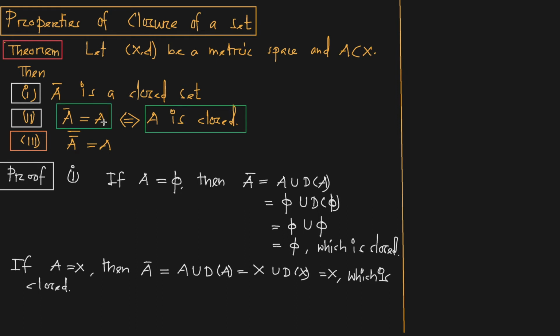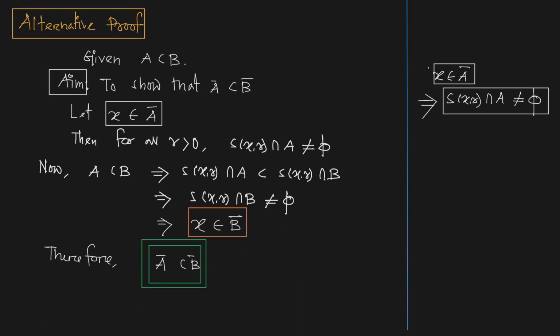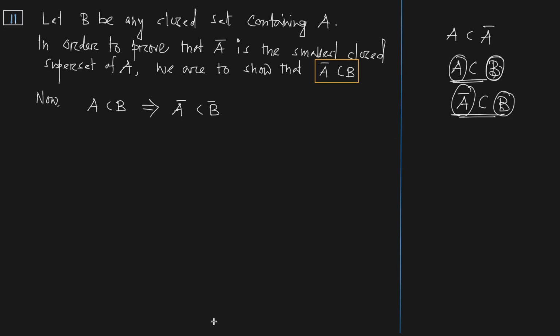তো A যদি ক্লোজ সেট হয় তাহলে A bar is equal to A লিখতে পারি, ঠিক। সো তাহলে এখানে আমি B কি সেট, B হচ্ছে ক্লোজ সেট, যেহেতু B ক্লোজ, so B bar is equal to B লিখতে পারি। কেন?